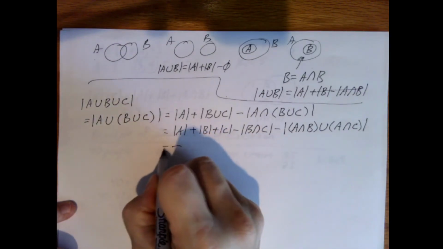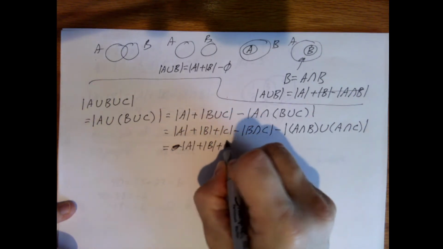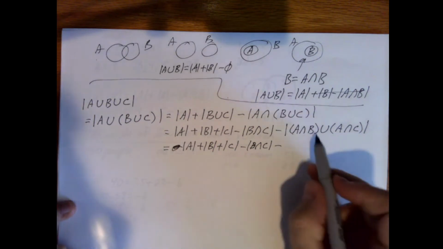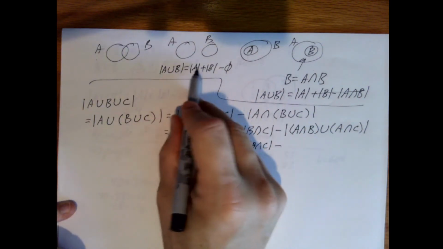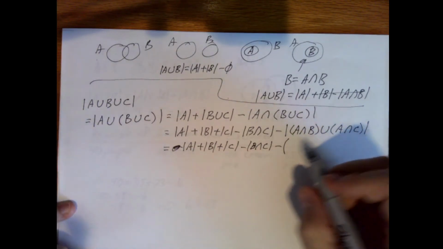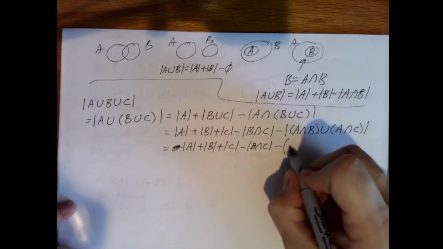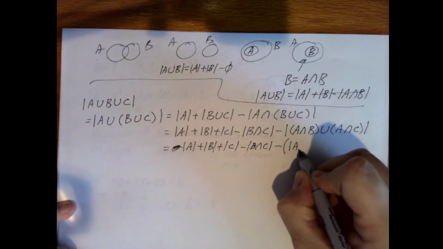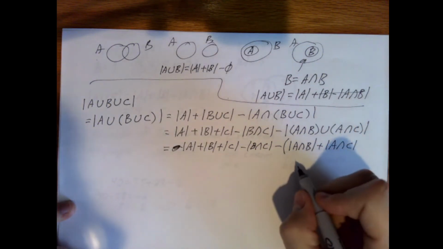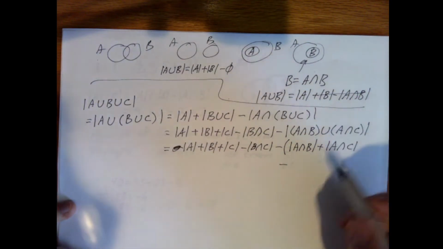Okay. Which is equal to, we have A plus B plus C minus B intersected with C minus, and we use our property again, this right here, minus, and I'm going to use parentheses to push the minus sign through in a moment, but if this is like the original A, the left thing, this would be the cardinality of A intersected with B plus the cardinality of A intersected with C minus the union, or excuse me, the intersection of the two.